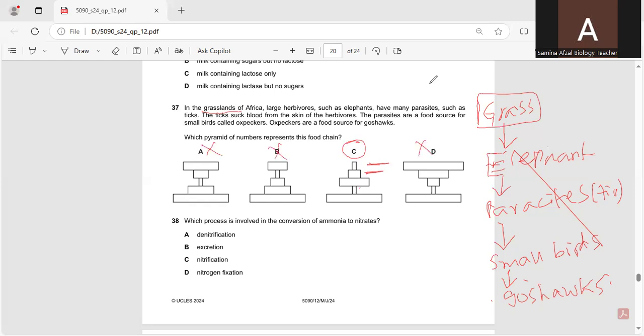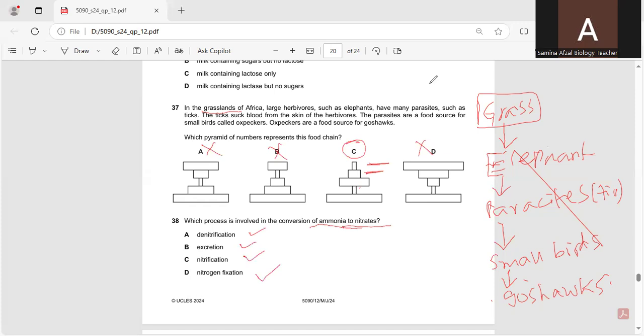Now question number 38, which process is involved in the conversion of ammonia to nitrate? The options are denitrification, excretion, nitrification, and nitrogen fixation.